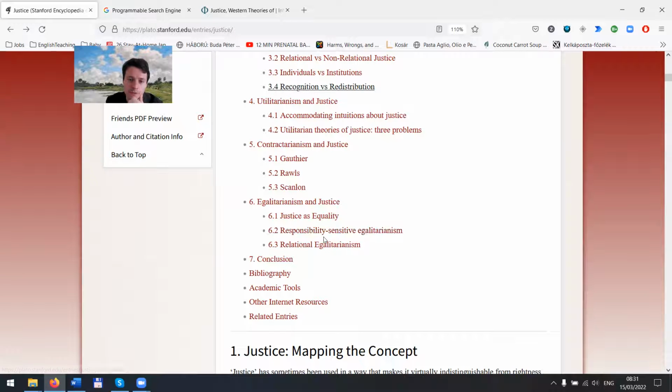And responsibility sensitive egalitarianism is probably going to favor, that's my intuitive understanding, people who work in caring jobs: doctors, social workers, teachers, police officers, judges, because they have a very big responsibility.